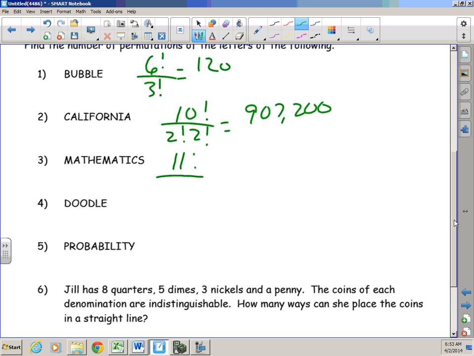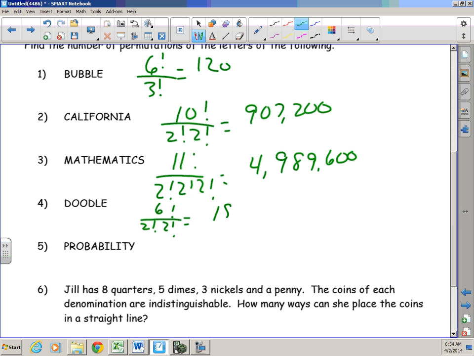And 11 factorial over 2, 2, 2, which is 4,989,600. What you should be doing is practicing these and making sure you're getting the same answer that I am getting so that you're familiar with the calculator, because this is a common Regents question.